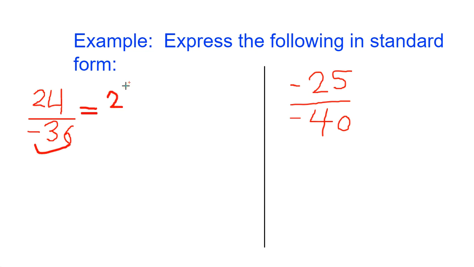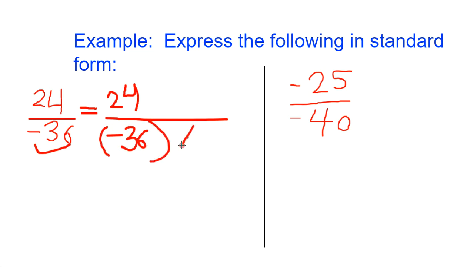Yes, I can make my denominator positive if I multiply it by minus 1, because we know the rules of multiplication of integers, which say that when two negative integers are multiplied together, the product is a positive integer. So if I multiply minus 36 by minus 1, my denominator will become a positive integer.